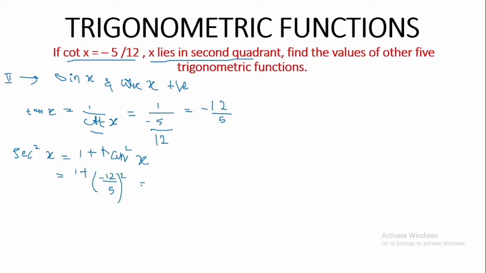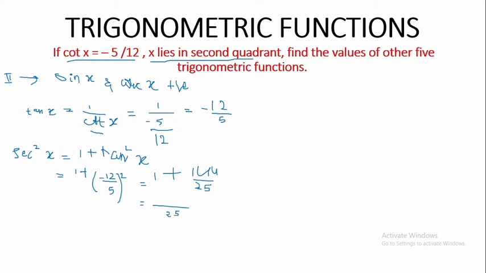So let's remove the brackets and simplify this. So 1 plus, 12 square is 144 and 5 square is 25. So 144 divided by 25. Let's add these two fractions. We would get 25 as the LCM.